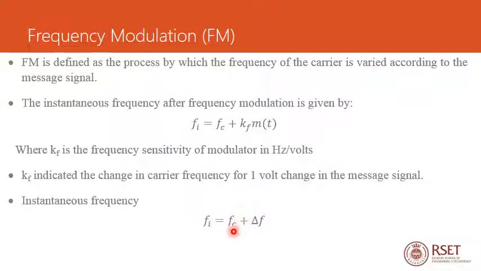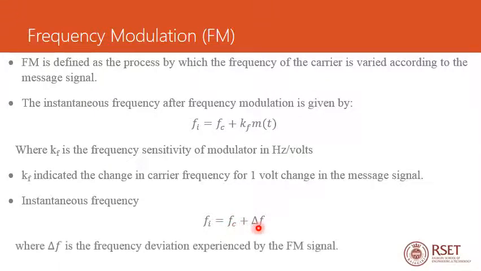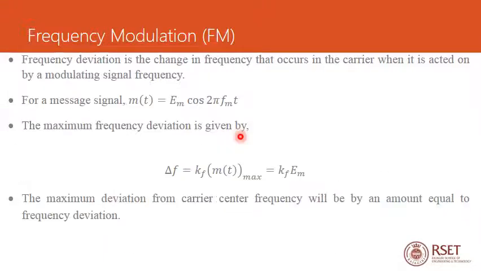So fc represents the carrier frequency and Δf represents the frequency deviation experienced by the FM signal. So fi = fc + kf m(t), which can be rewritten as fc + Δf, where Δf is the frequency deviation, given as kf m(t), and kf represents the frequency sensitivity of the modulator.